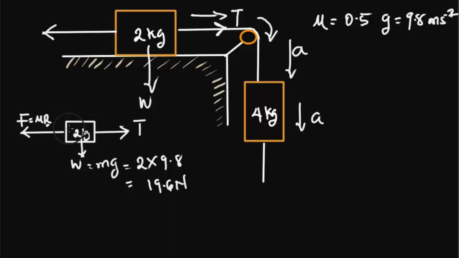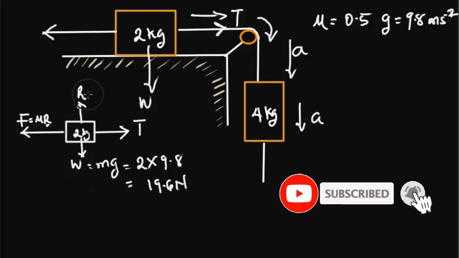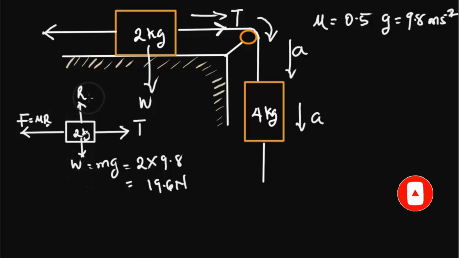The weight of the block acts downwards, and the normal reaction is the equal and opposite force that acts upward. We also call our normal reaction our normal force.